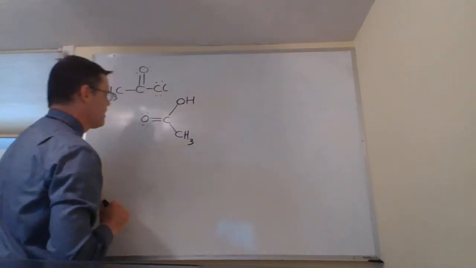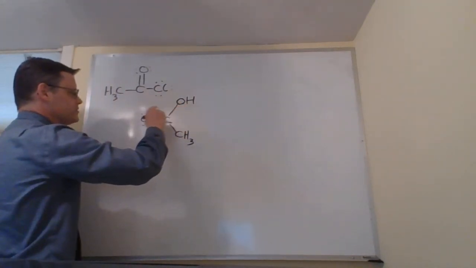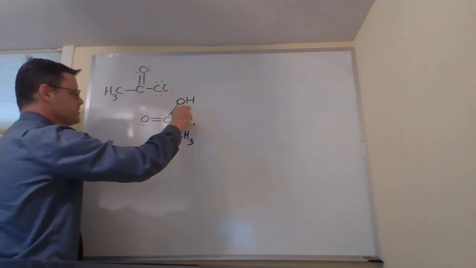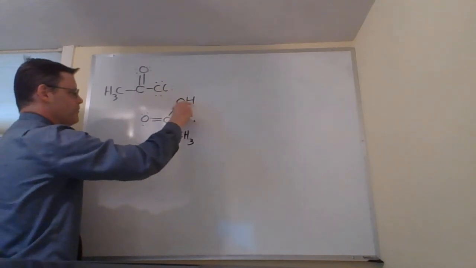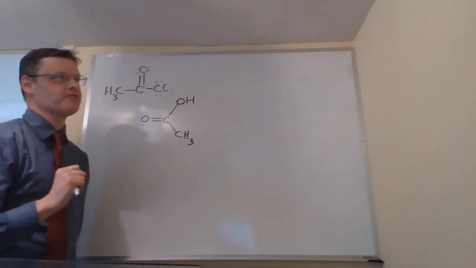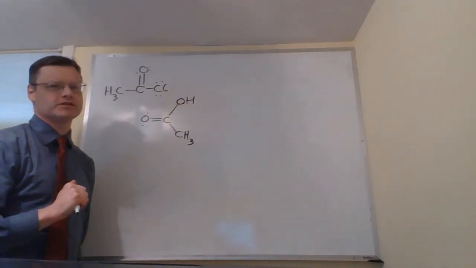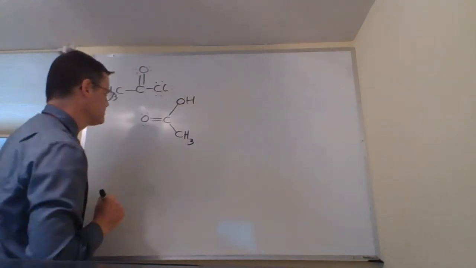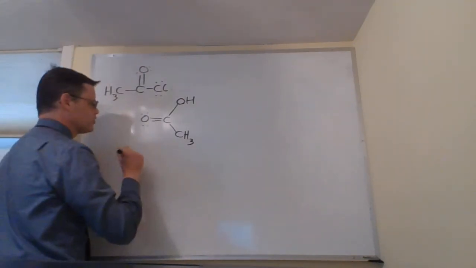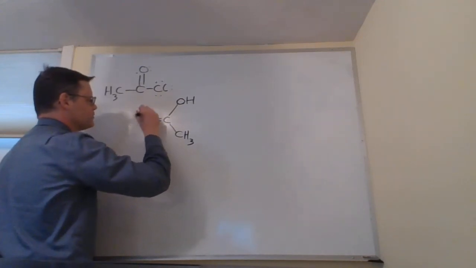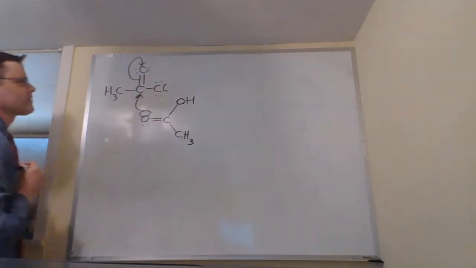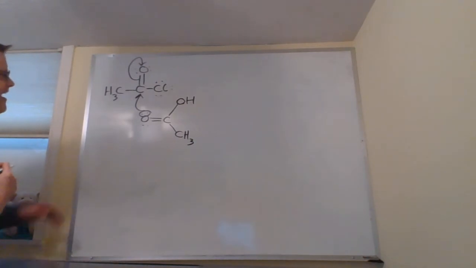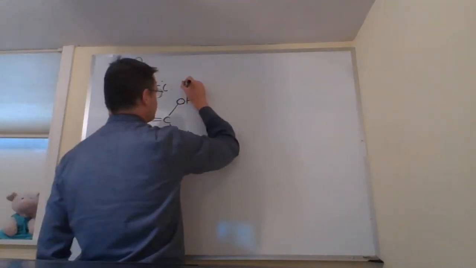Now, one thing I do want to say is we usually frown in mechanisms of doing an intramolecular proton transfer if that's going to involve 4 atoms, because then you've got a 4-membered cyclic transition state, and that's kind of strained. So let's not. It would probably be an intermolecular proton transfer would be a more appropriate way of drawing that. But anyways, back to the reaction that we care about right now, which is this nucleophilic acyl substitution.